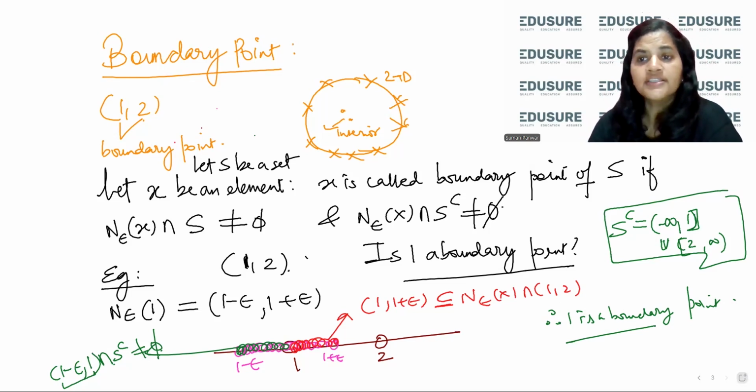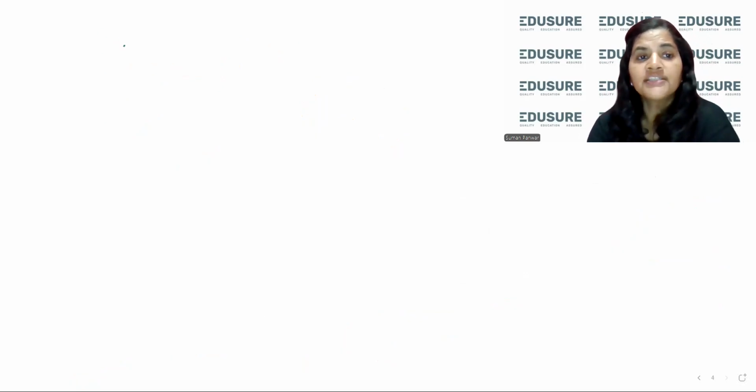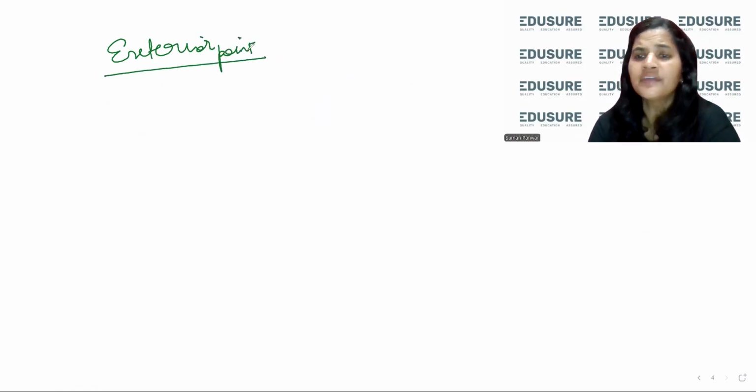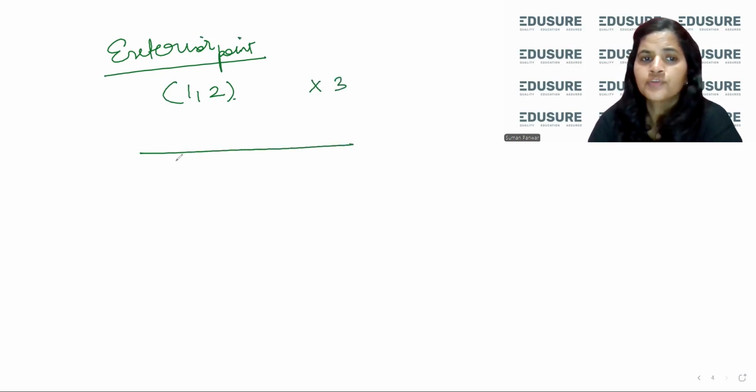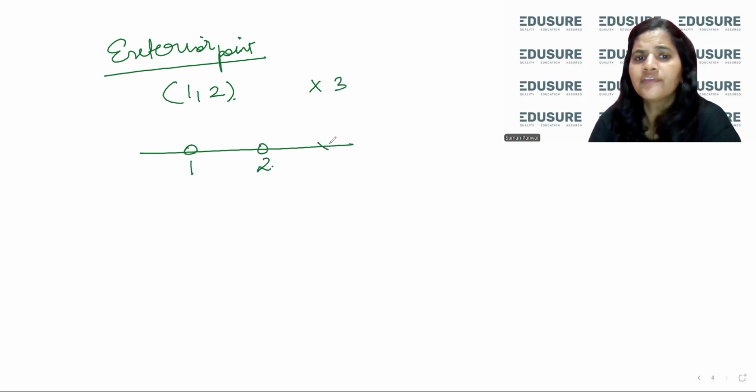Now, the concept of an exterior point. Exterior point means something which is outside. If you again look at this open interval (1, 2), let's take a point 3 outside. So this is 1, this is 2, and this is 3. When do you say this is an exterior point? It is very simple.